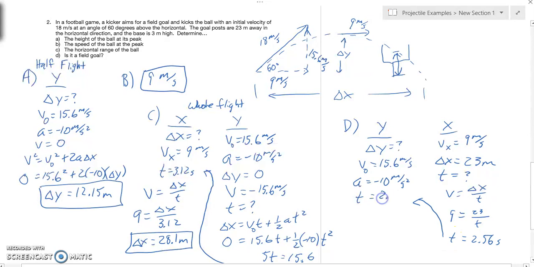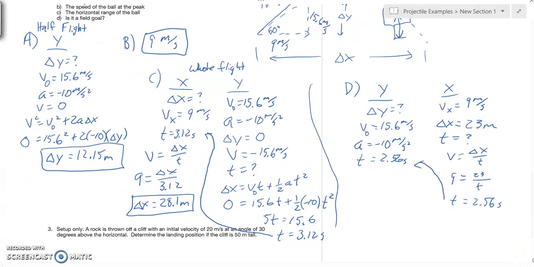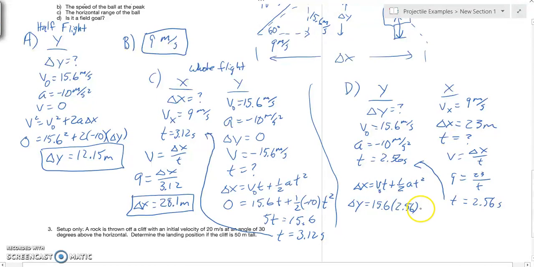So we use that over here. Now it looks like we're going to use delta x equals v naught t plus 1/2 at squared. So 15.6, and then our time 2.56. I'm going to end up going at an angle here.